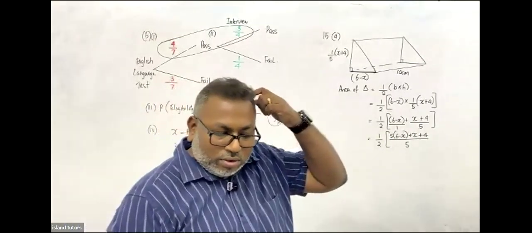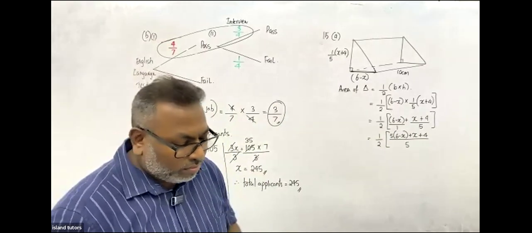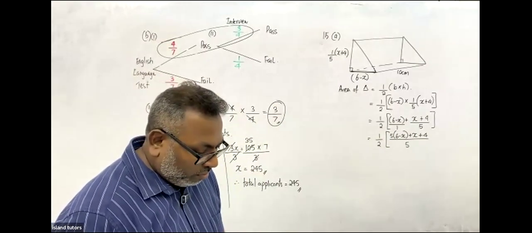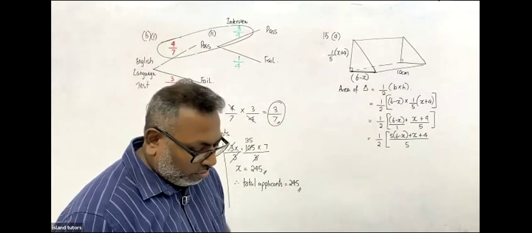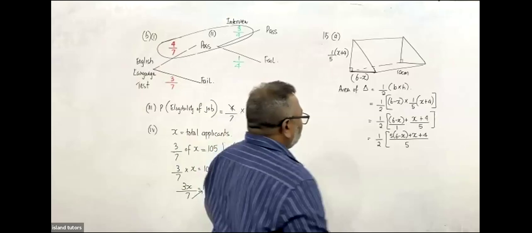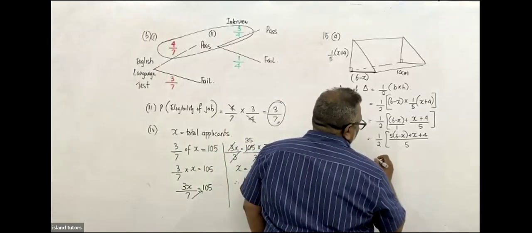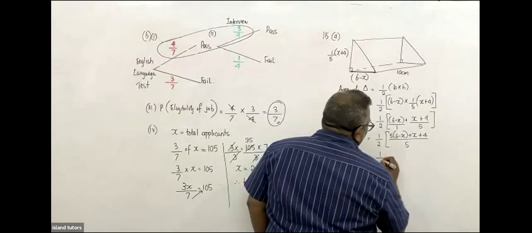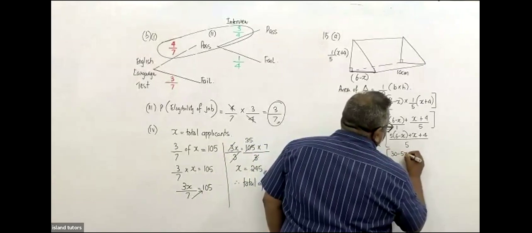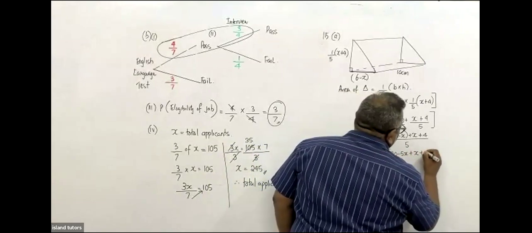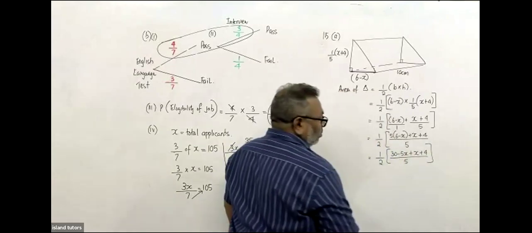Okay. So you have 30 minus 5x plus x plus 4 over 5.